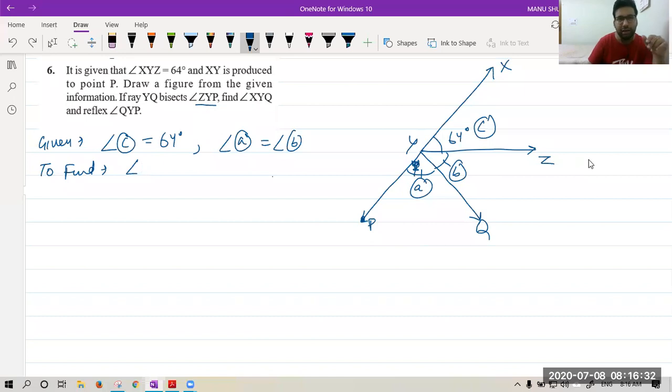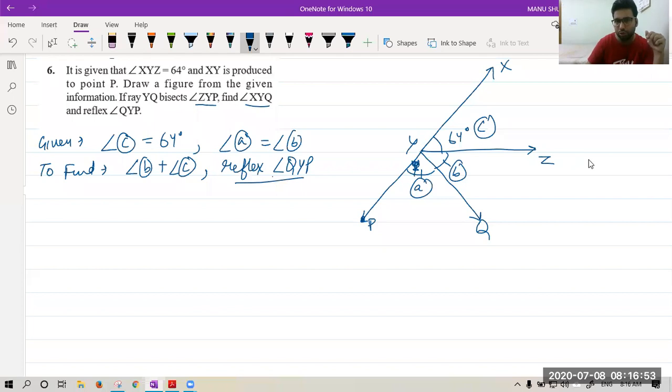We have to find angle XYQ. Indirectly, they are saying find angle B plus angle C. Second thing we have to find is reflex angle QYP. Now what is reflex QYP?